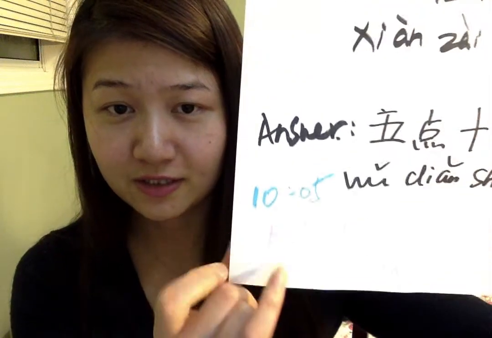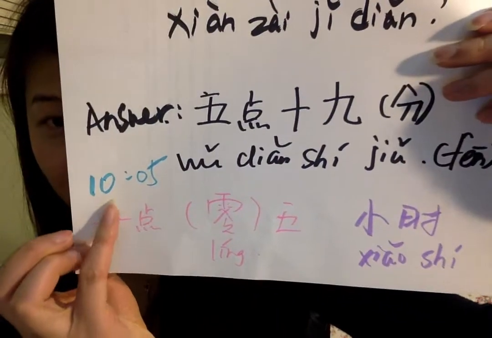Like when you write down the number, it should be 10:05. So directly say 10点零5分. Make sense? Yeah, let's do one more practice, okay? 请问现在几点, if it's PM. 现在几点? 1, 2, 3.